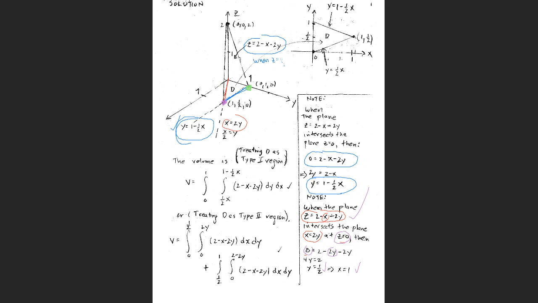We know that when z equals 0, and when x equals 0, that means 0 is equal to 2 minus 0 minus 2y.